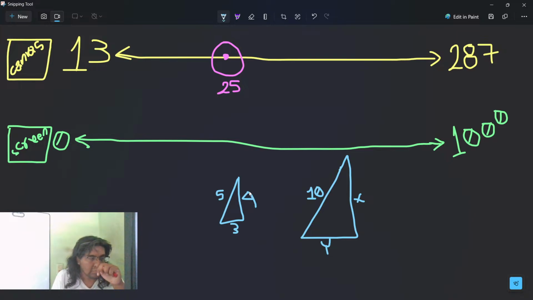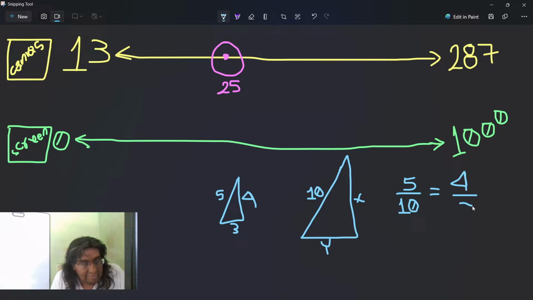So, remember, 5/10 equals 4/x. And equal 5x.